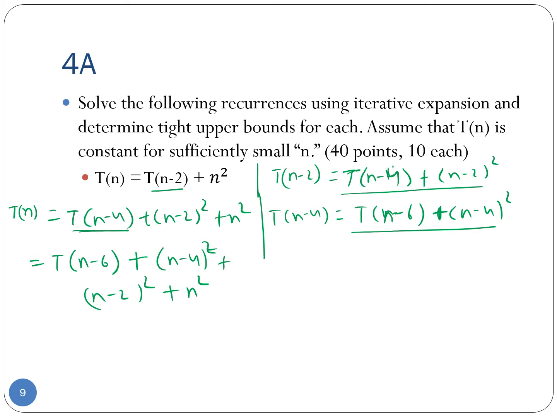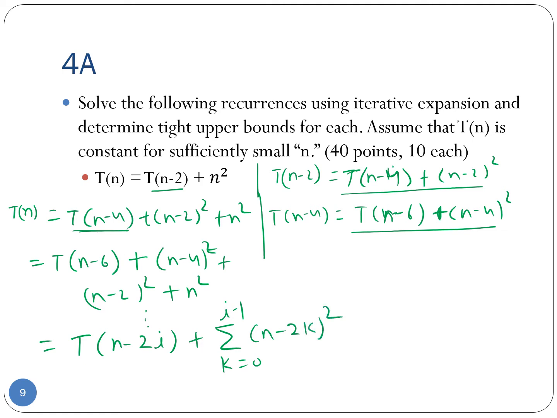Okay, so if we go on doing this, you see there is a pattern emerging here. The ith term would be something like this: T(n minus 2i) plus summation of k going from 0 to i minus 1 of (n minus 2k) whole square.